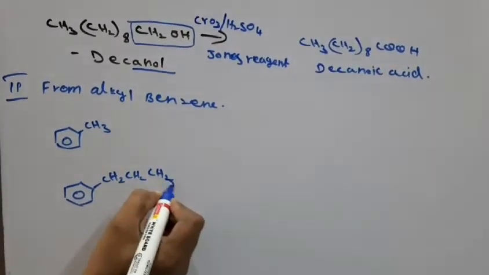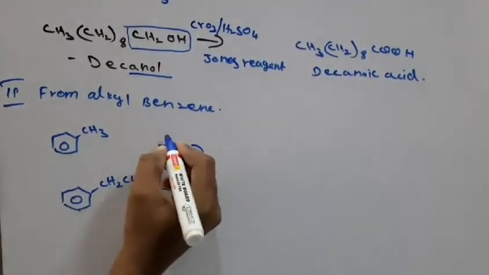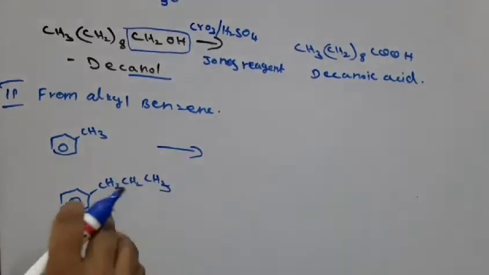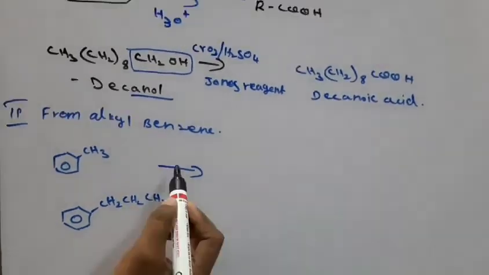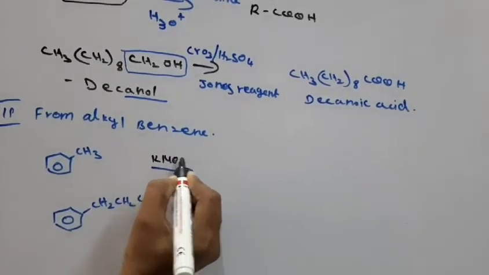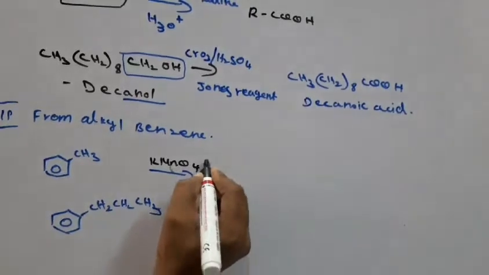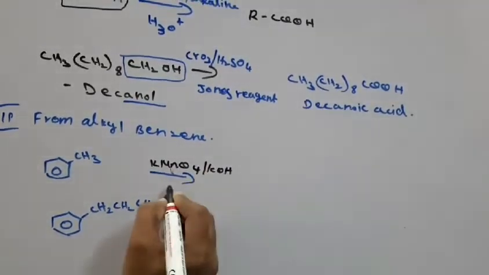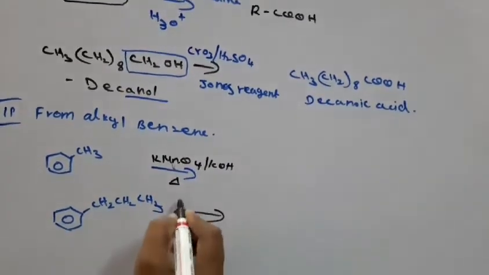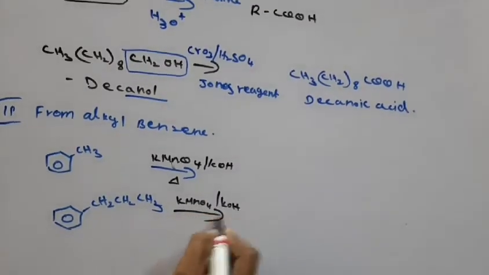So here the parent chain is this, no problem. For this, vigorous oxidation takes place in the presence of KMnO4 with alkaline medium, KOH, heating.